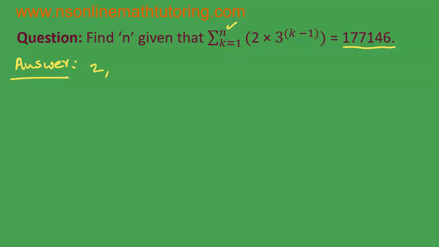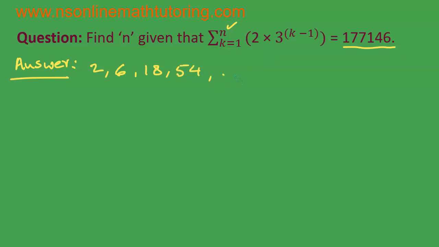Second term, k is equal to 2, 2 minus 1 is 1. So 3 to the power of 1 is 3 times 2 is 6. Third term, k equal to 3. 3 minus 1 is 2. 3 squared is 9. 9 times 2 is 18. Fourth term, k equal to 4. 4 minus 1 is 3. 3 cubed is 27 times 2 is equal to 54.